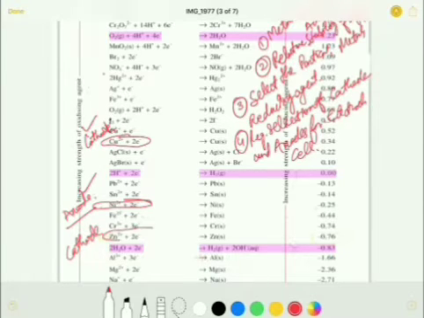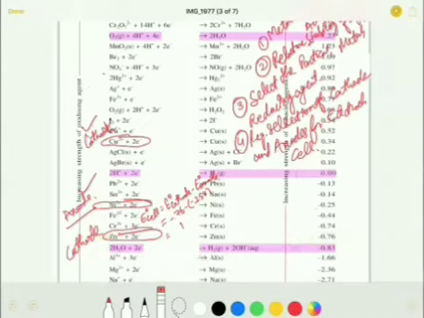now is this combination possible? When you calculate the E naught of the cell, according to the formula E naught of the cathode minus E naught of the anode, you will come to the conclusion that for the cathode, zinc, the value is minus 0.76 volt, and for the anode it is minus 0.25.